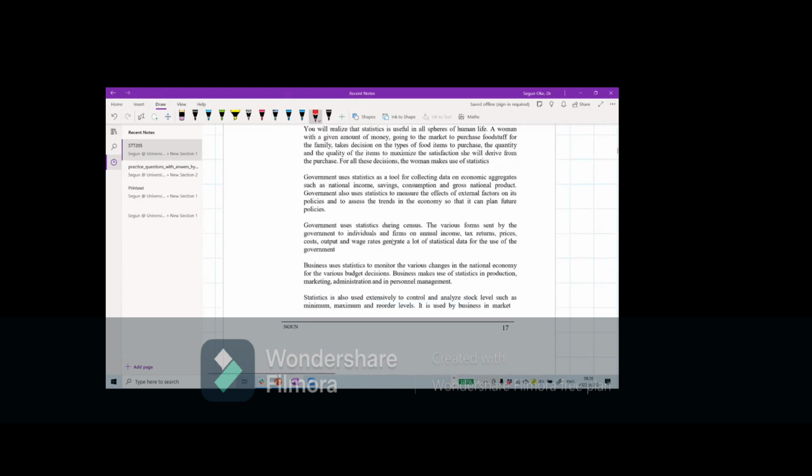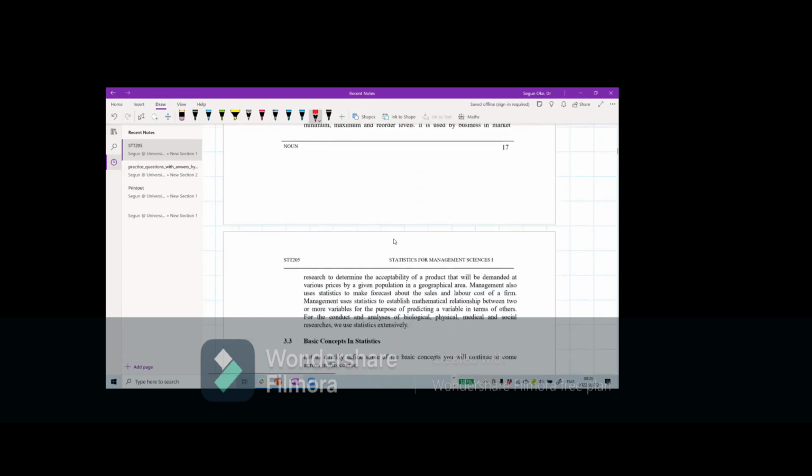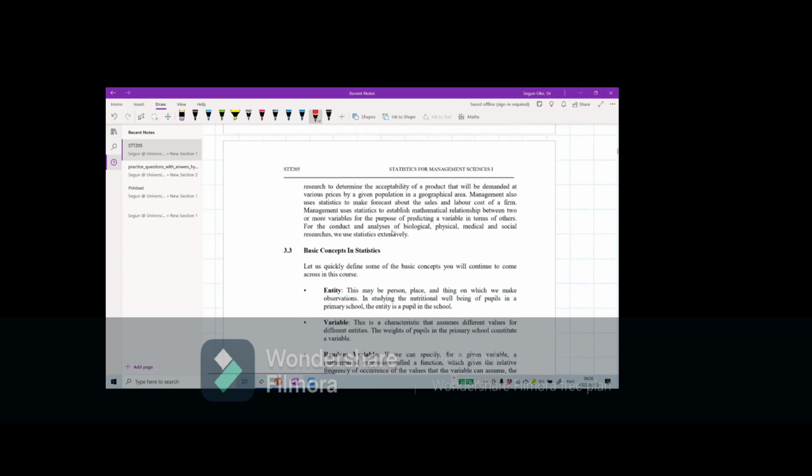They are taking the census one way or the other to be able to actualize what is needed in our society. Any moment from now, they will say, okay, we want to do a census to know how many people are employed, how many are unemployed, how many are married, how many are unmarried.